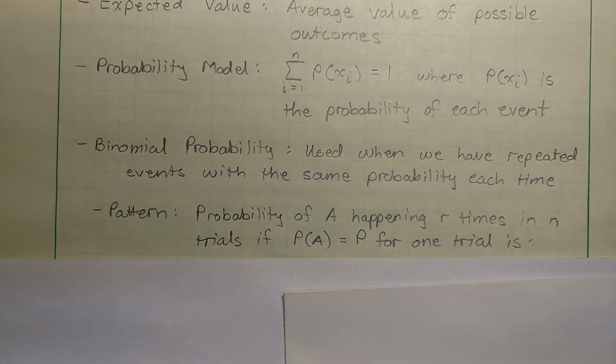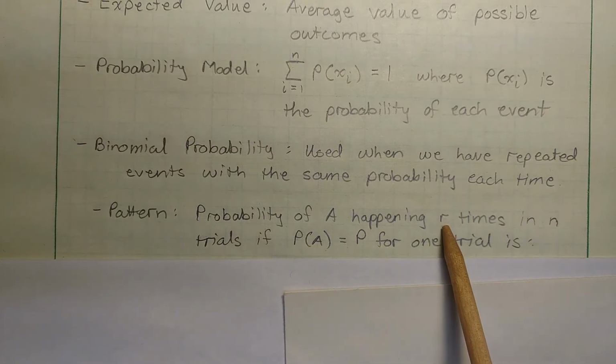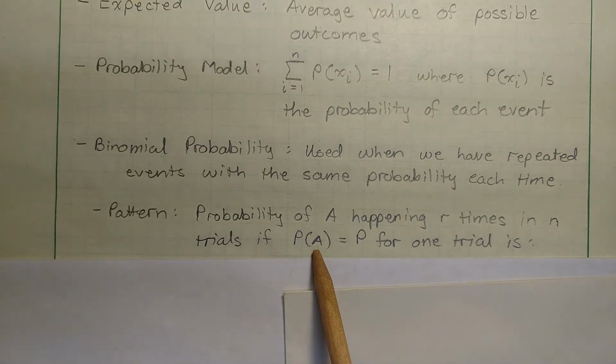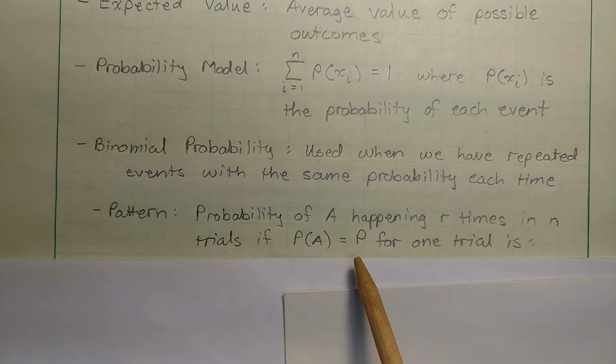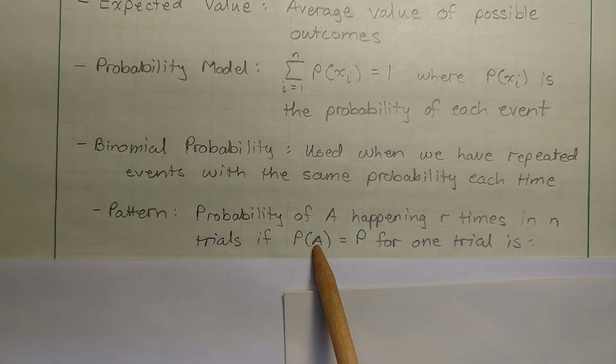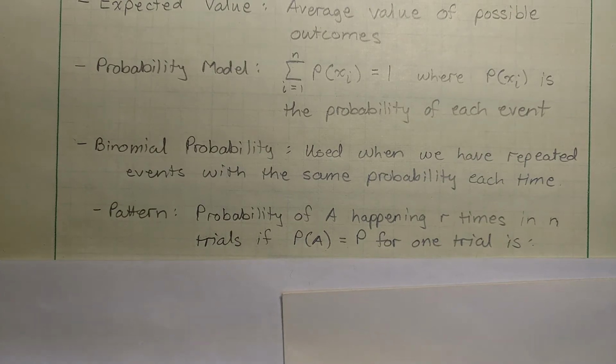So in other words, if we think of the free throw shooter example, if you shoot the ball 10 times, what is the probability that it happens like 7 makes in 10 trials? If the probability of A equals P for 1 trial, so this P is the probability for a single trial. So for instance, if we have a 70% shooter and the probability of a made shot, that P there would be 0.7.